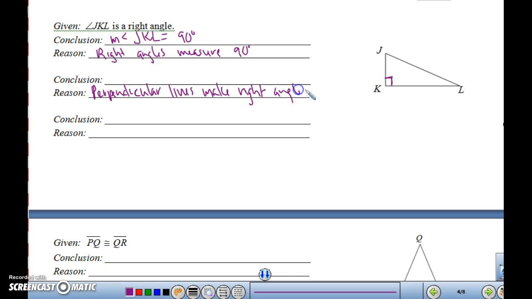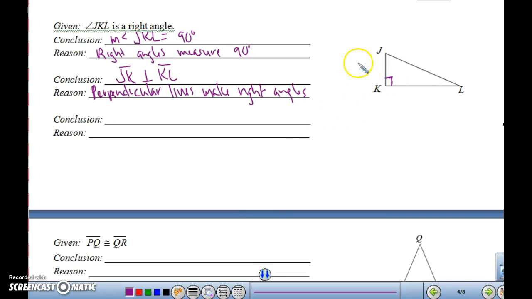All right, so we know that JKL is a right angle, so what perpendicular lines made it? JK segment is perpendicular to KL. Those two segments together made the right angle, by definition of what perpendicular means.